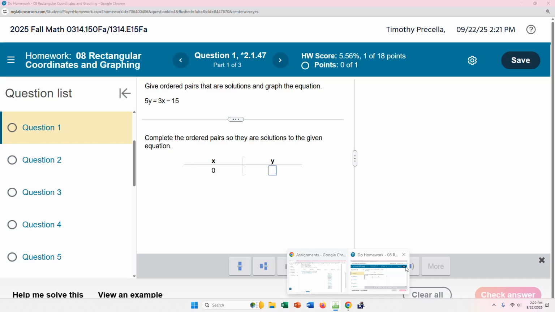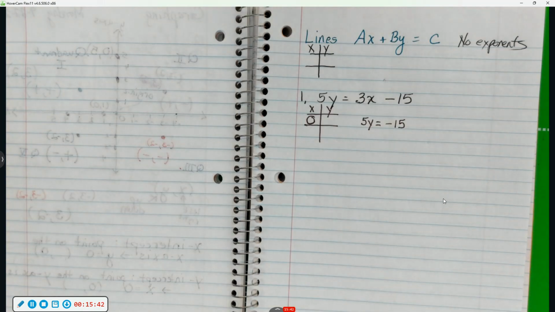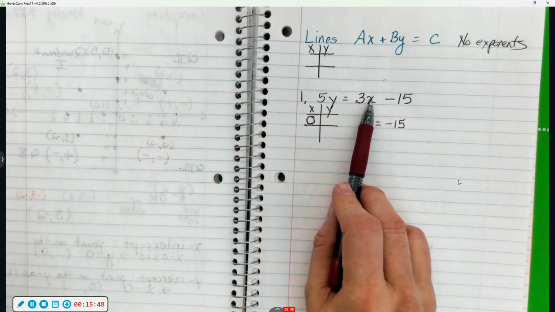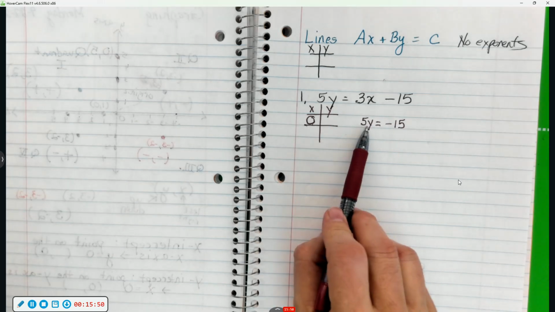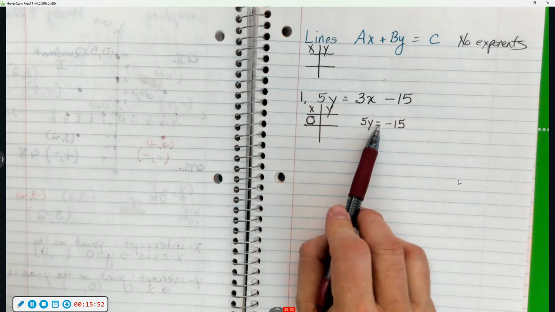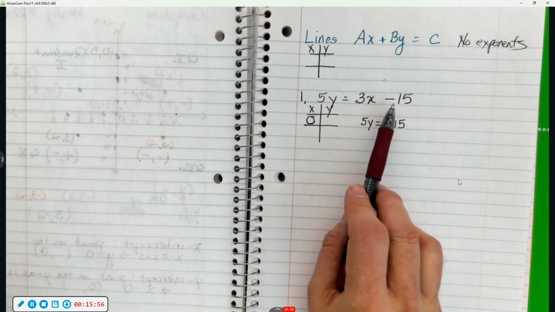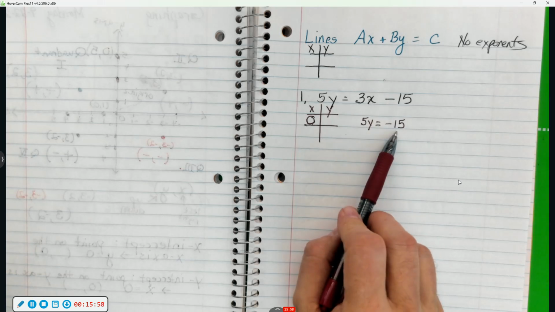Plugging a 0 in for x, we'd have 5y equals 3 times 0 is 0. Minus 15 would just be a minus 15. 0 minus 15 is negative 15.